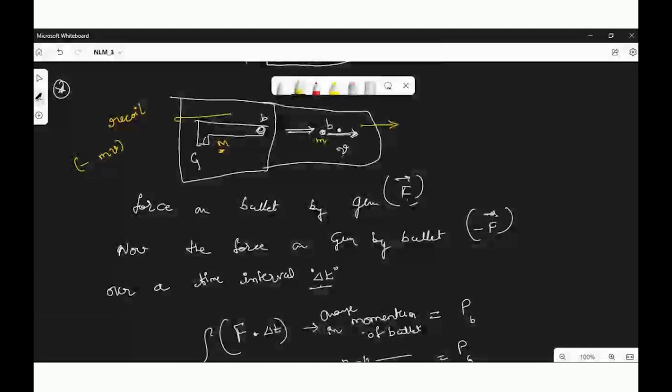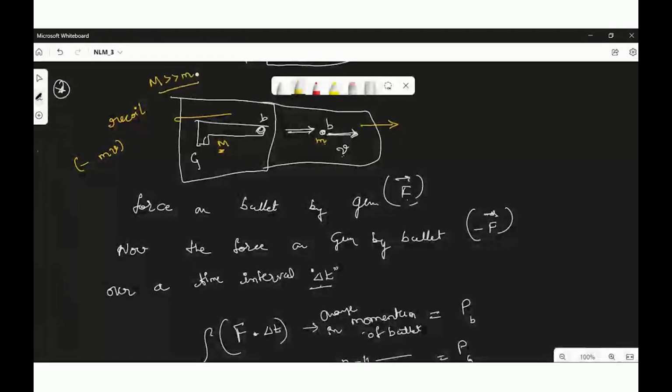That's what we usually observe, because the bullet carries a large velocity when fired. That's how it can go for farther distances. But we don't see much recoiling of the gun. We don't see the gun going back a farther distance. Why? It's because the mass of the gun is so large compared to the mass of the bullet.